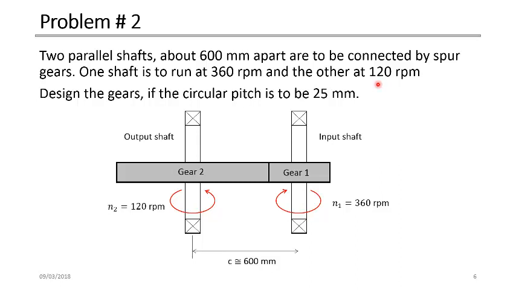So this is a fact as well. This has to be exact. So we need to keep the speed ratio to 3. And the circular pitch has to be 25 as well. This is fixed, so we cannot change this 25 millimeter. We cannot change the 120. We cannot change the 360.